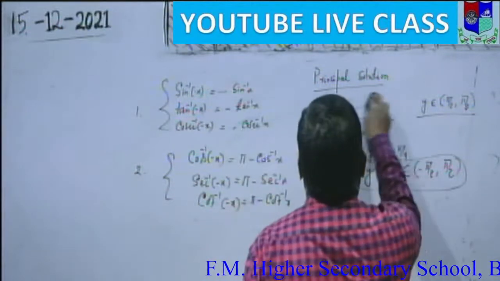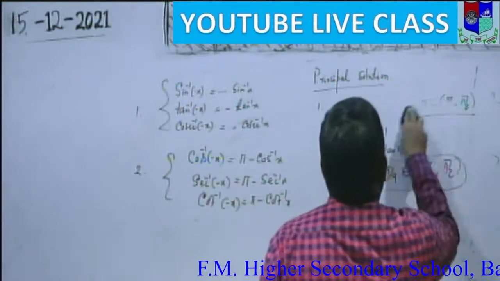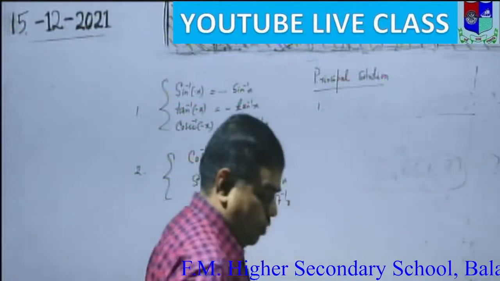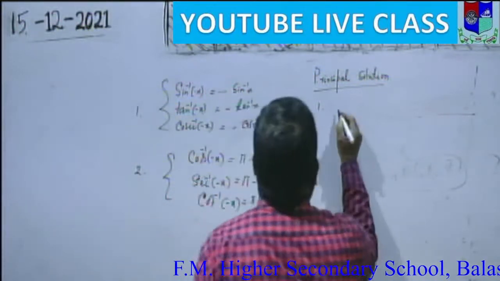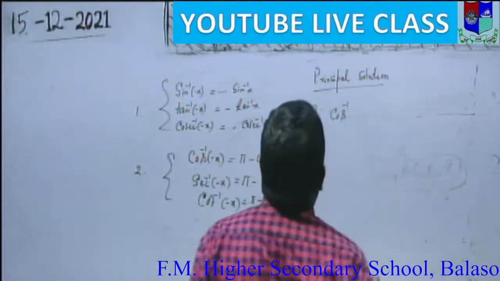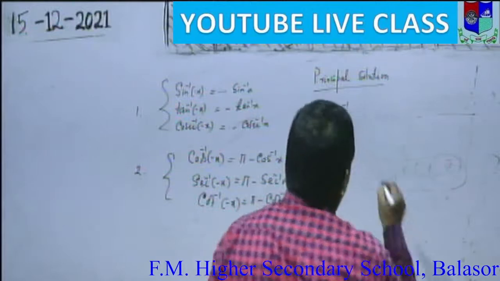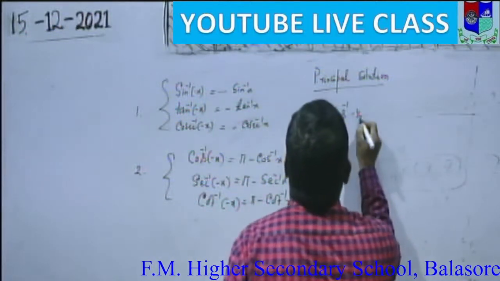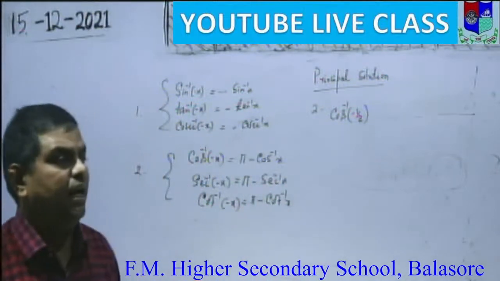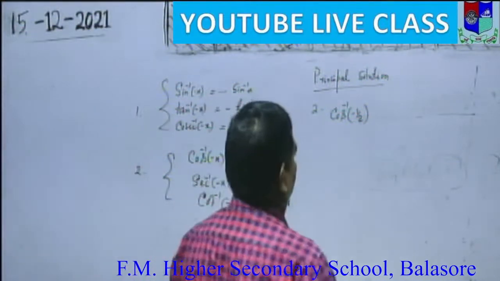Now, instead of tan inverse 1 being pi by 4, what is cos inverse minus 1 by 2? What is its principal solution?